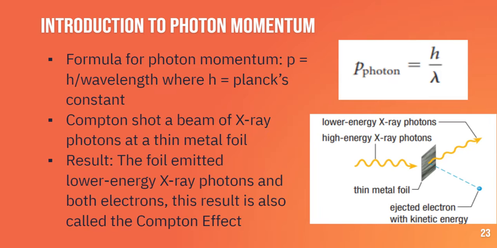Compton first discovered the Compton effect by shooting a beam of X-ray photons at a thin piece of metal. The energy of the photons is directly proportional to their frequency and inversely proportional to the wavelength. So lower energy photons have lower frequencies and longer wavelengths.